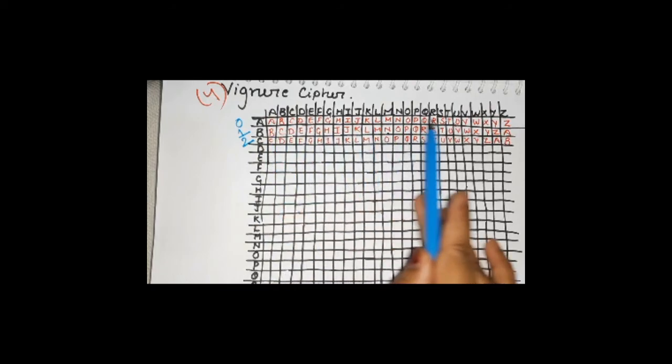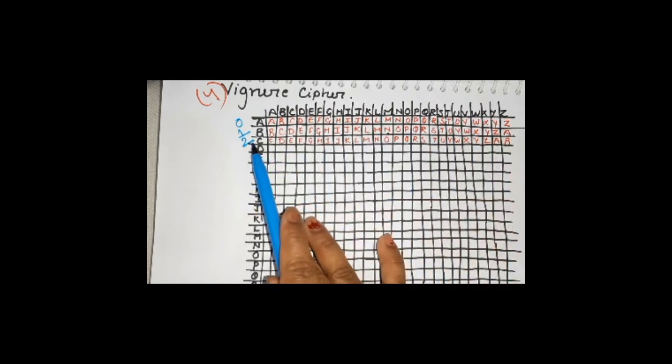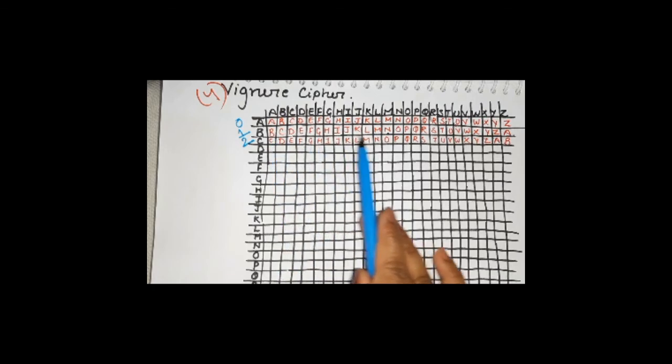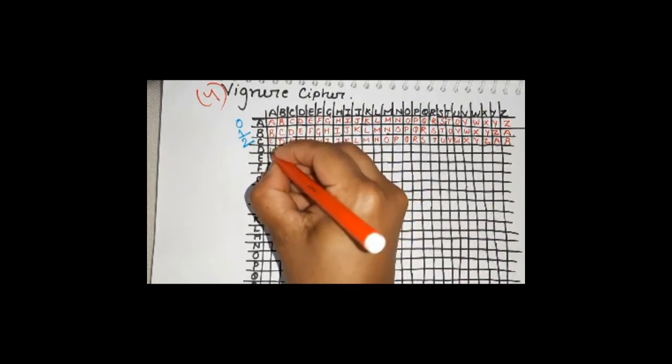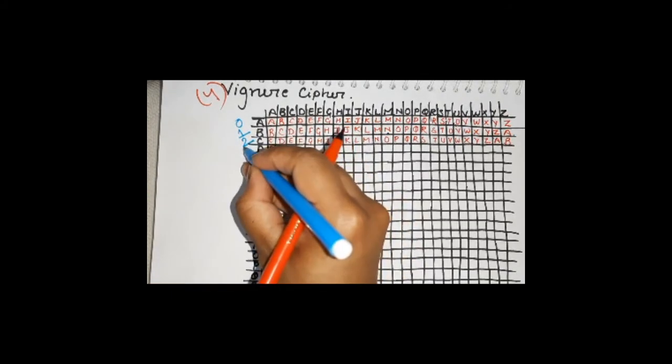And after Z, there will be repetition of A. In the third row, there will be a shift of 2, so you'll be starting from C, and after Z, there will be a repetition of A and B. Similarly, D will start the row with a shift of 3.